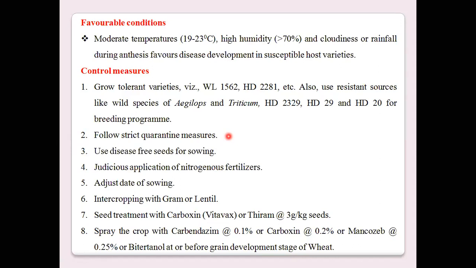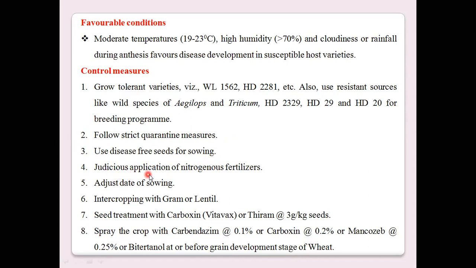If infected, reject those seed lots from the import or export materials. Then use disease-free seeds for sowing.